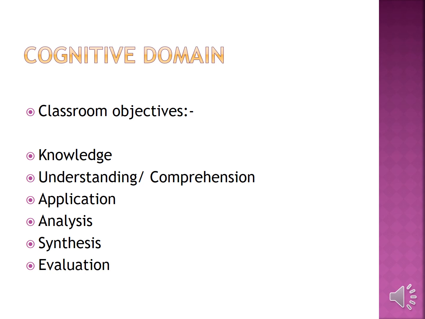And then understanding. For example, if you have taught the definition of root or the definition of stem, and then you ask questions based on that. What are the elements of root? What are the elements of stem? What are the characteristics of stem or of root? What are the examples of root?